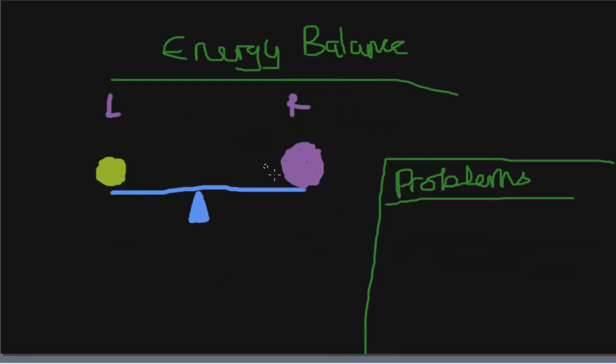When you use a lot more energy, you're going to lose mass, because the amount of energy you take in won't be sufficient for the energy usage. So it will use some of the fat from your body and turn it into energy, which is why you lose mass and get thinner, I guess you can say, when you exercise a lot and don't eat much.